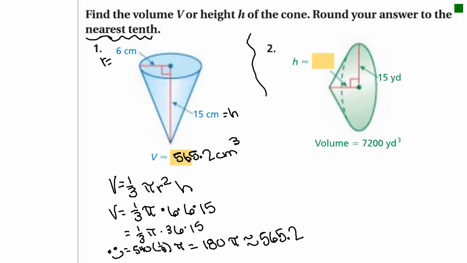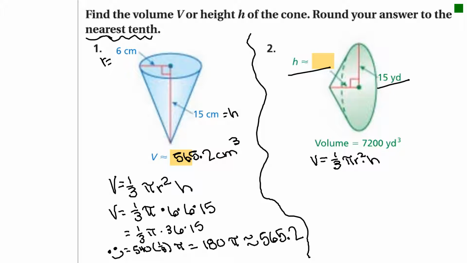Example 2. We always start with what we know. We know the formula for volume. The formula for volume is V equals 1/3 of a cylinder times the area of the base, which is pi r squared, times the height. All right, fill in what we know. We don't know h, so we're going to leave h as h.